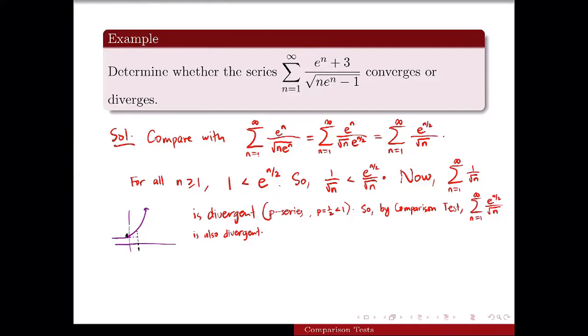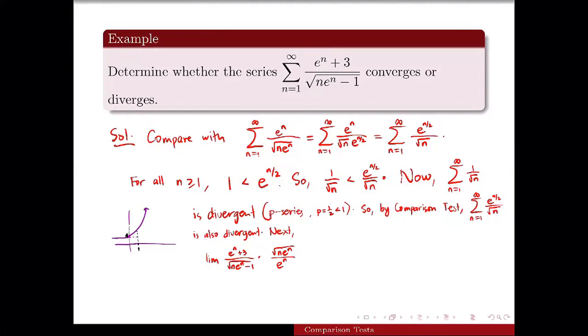Now, let us look at the limit. Next, we find the limit of our original series there. It's e to the n plus 3 over square root of n e to the n minus 1, times square root of n e to the n divided by e to the n.